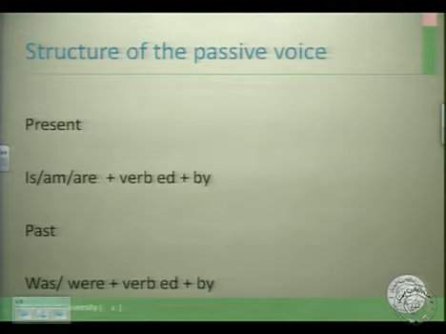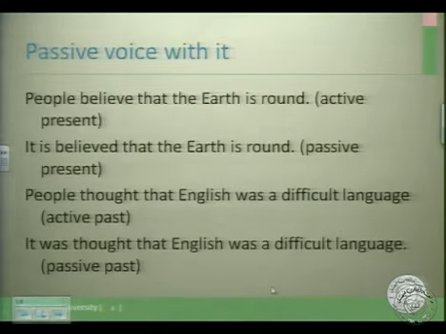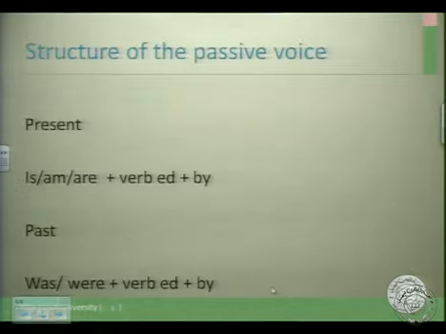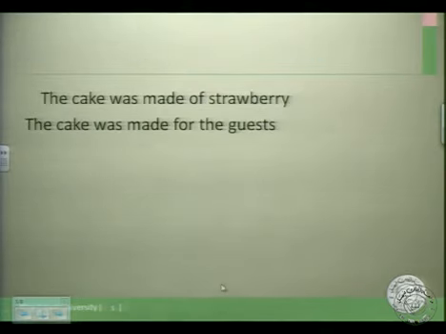In the past, we have was, were, and the verb plus by, and then the rest of the sentence. And if you go to the book, you will see the rest of the future, present perfect, past perfect, etc. So this is the structure of the passive voice.